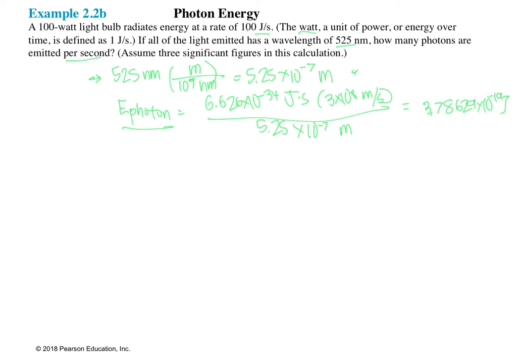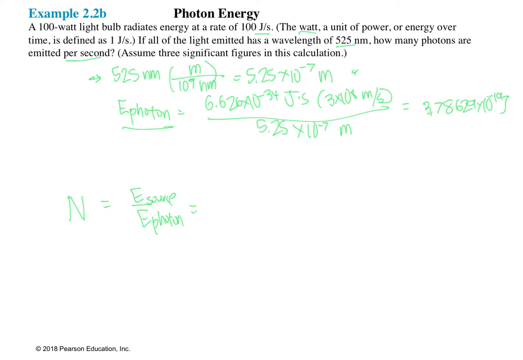Now, if I want to find out how many photons are being emitted per second, then I'm going to say the number of photons equals the energy of my source divided by the energy of a photon.